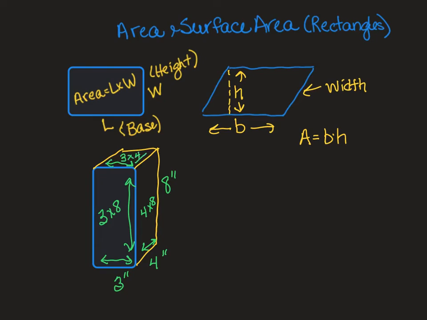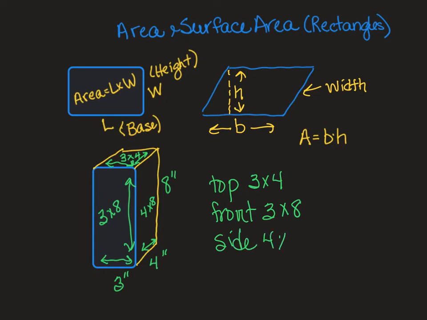So I have 4 by 3. So I have a top that is 3 by 4, and I have a front, which is 3 by 8, and I have a side that is 4 by 8.